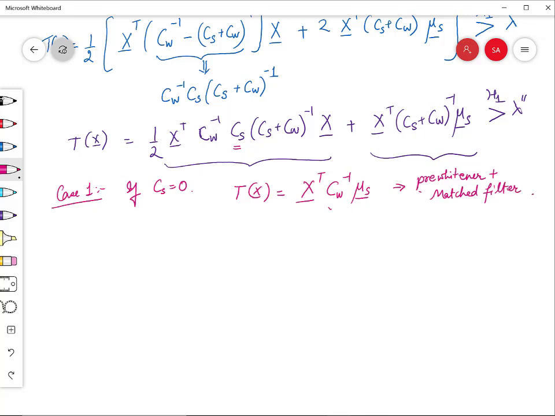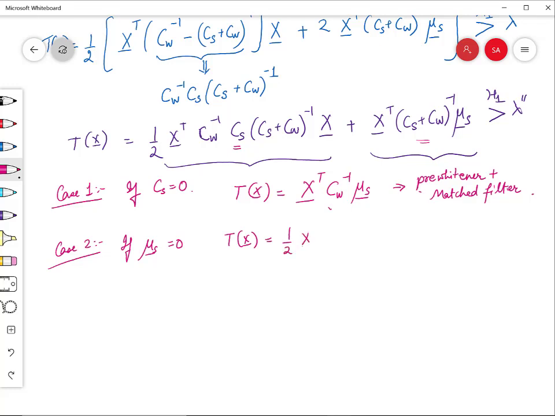Okay, case 2: let's say my mu of s is 0, then what happens? This second quantity becomes 0. What we are left with is only this expression, and this is what we derived in our earlier problem in this lecture.